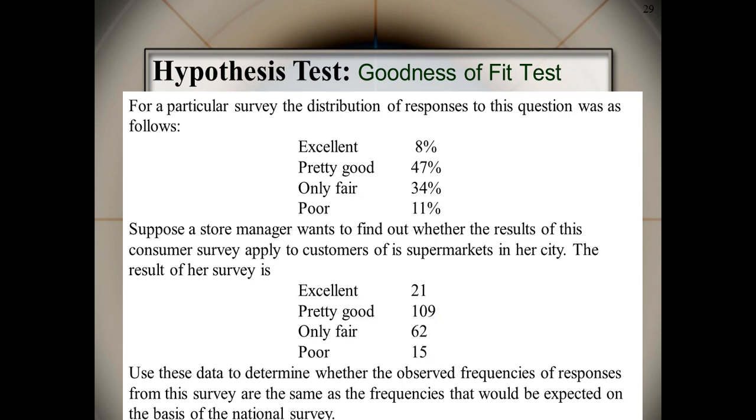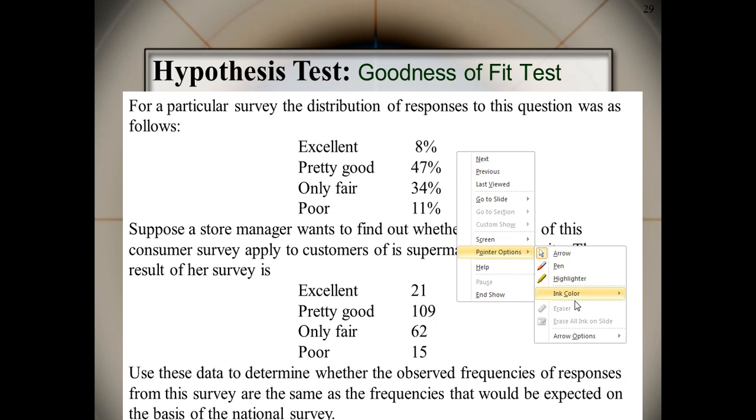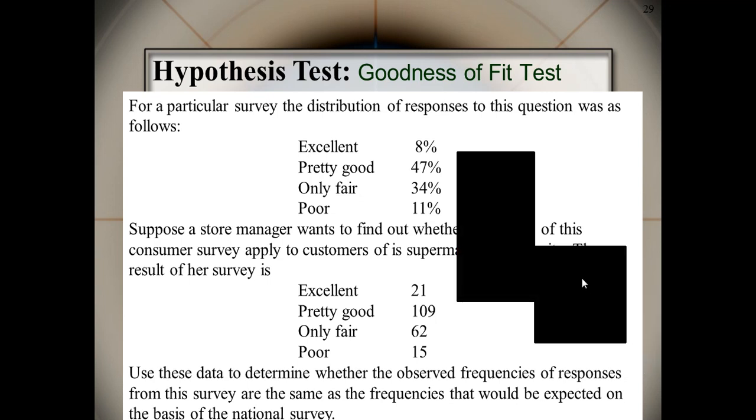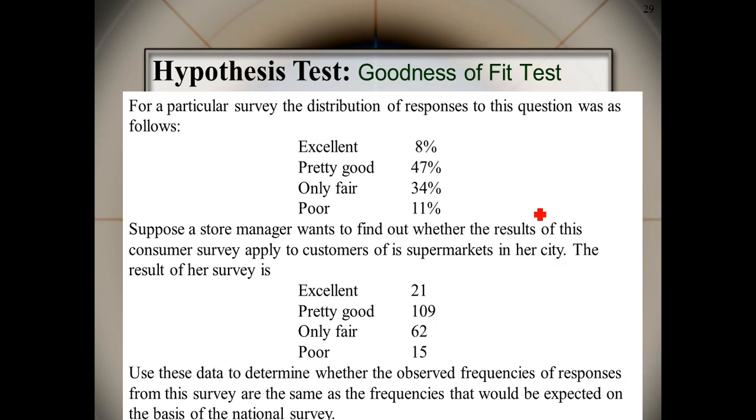So we want to determine whether the observed frequency of the responses, that is the data from the survey, is the same as the frequency that would be expected on the basis of the national survey, that is this percentage. So we want to confirm whether this national percentage distribution is followed in this case or not.